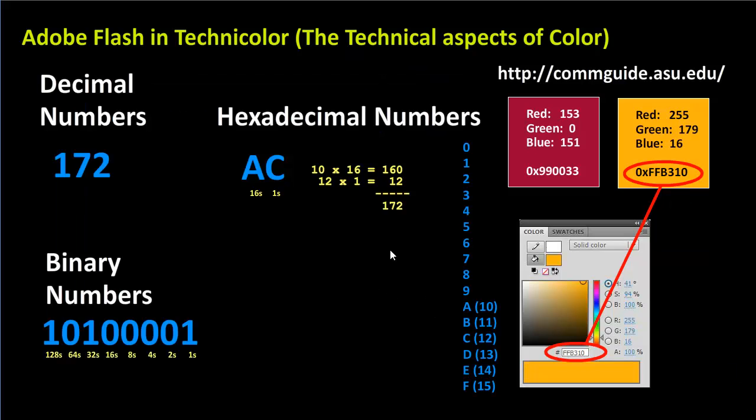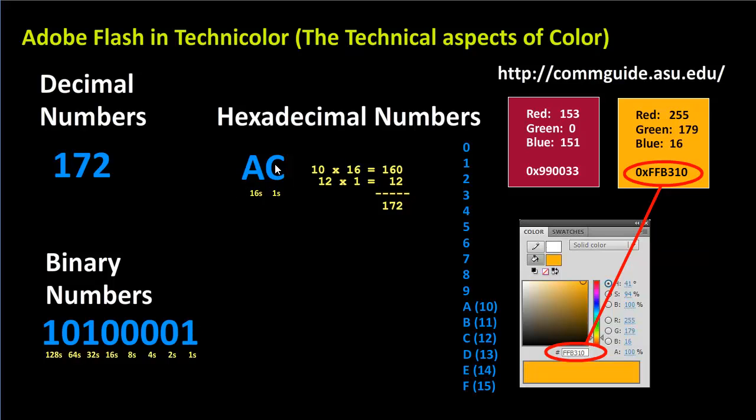So we talked about decimal and binary. We also have hexadecimal. And this 172 in decimal will be represented in hexadecimal as AC. In a hexadecimal number, if we had a value between 0 and 255, it would be represented by just 2 digits, the number 1s and the number 16s. Now in decimal we had a value of 0 to 9 for each digit, and binary has a value of 0 to 1 in each digit.